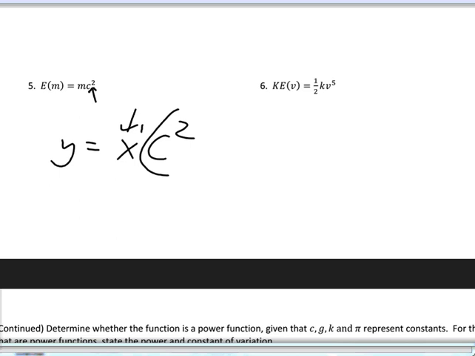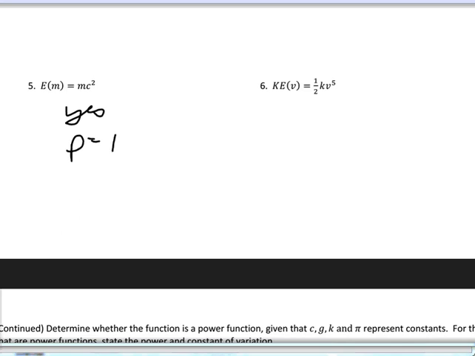This part right here then is the COV, constant of variation. All right, so the bottom line answer is yes, this is a power function. Its power is 1, because that's the little 1 that's on the variable. That's the constant. So I'm going to call it a constant of variation. That's this part right there.